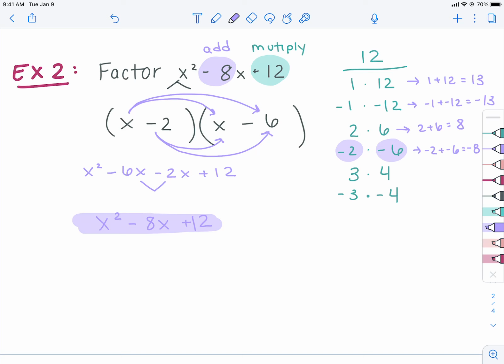You should get back to the original problem if you FOIL it, but that's just so you can check yourself. So our final answer here for our factored form would be x minus 2 and x minus 6.